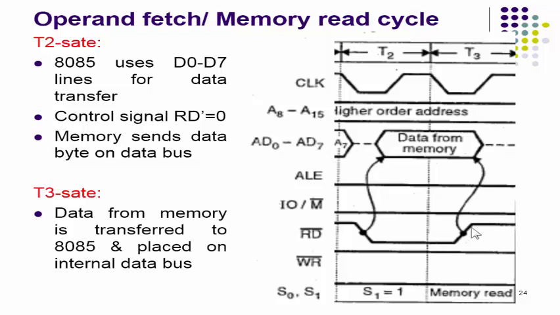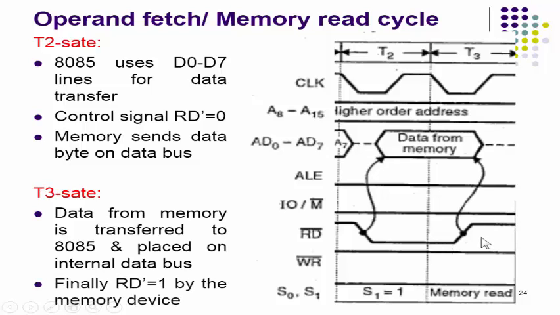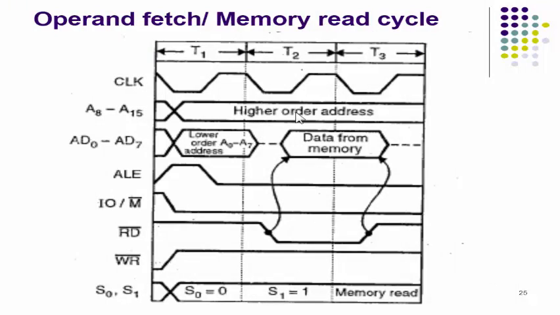In the T2 state we can see here the read bar signal made low, that is logic 1 to logic 0. Then the memory device sends the data byte on the data bus of 8085, that is D0 to D7. So data goes from memory IC or memory device to the 8-bit data bus of the 8085 microprocessor.